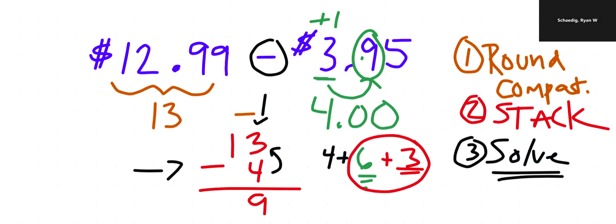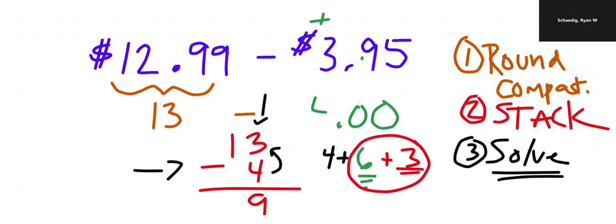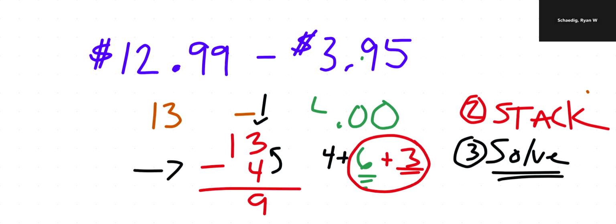So let's go back to the cleanup now that we saw that work. And if we wanted to write this answer in the correct way, when we take $12.99 and we subtract $3.95, we will get about $9.